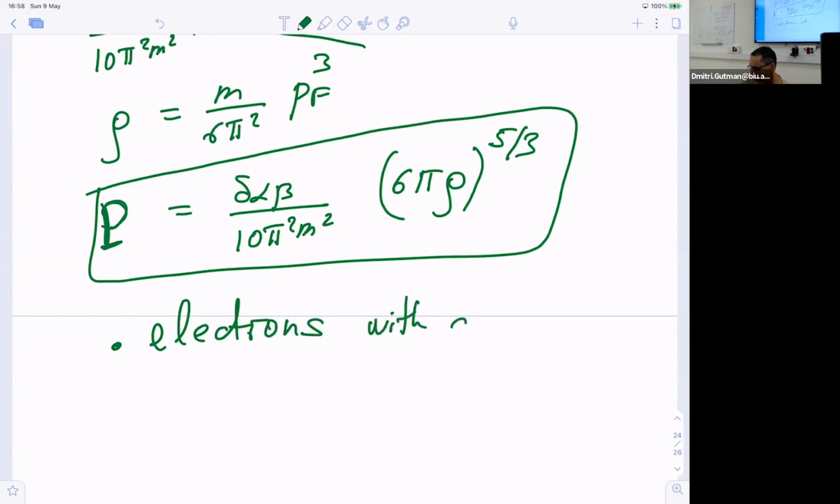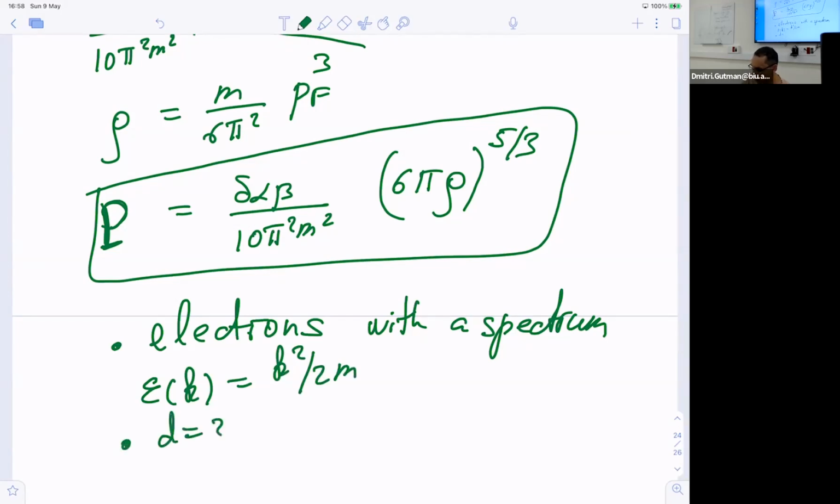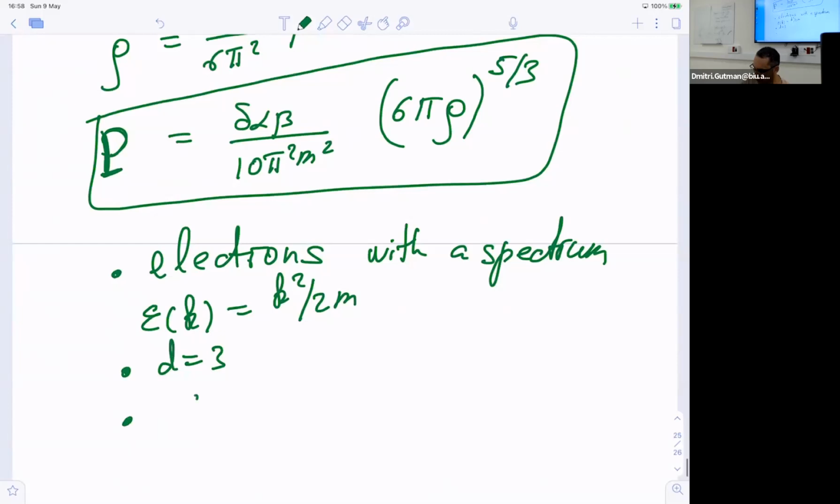So what we used here is that these are electrons with a spectrum epsilon k equal k square over 2m. We use that d equals 3, and we use that the gas was degenerate.